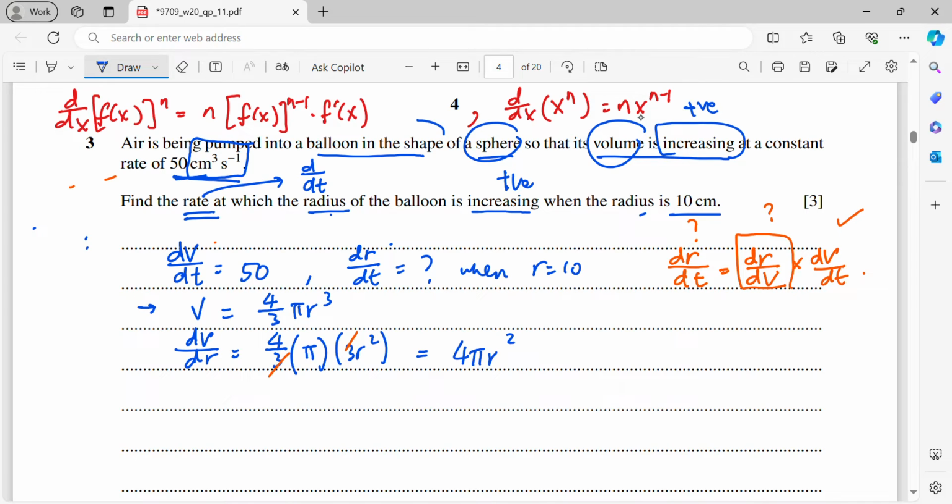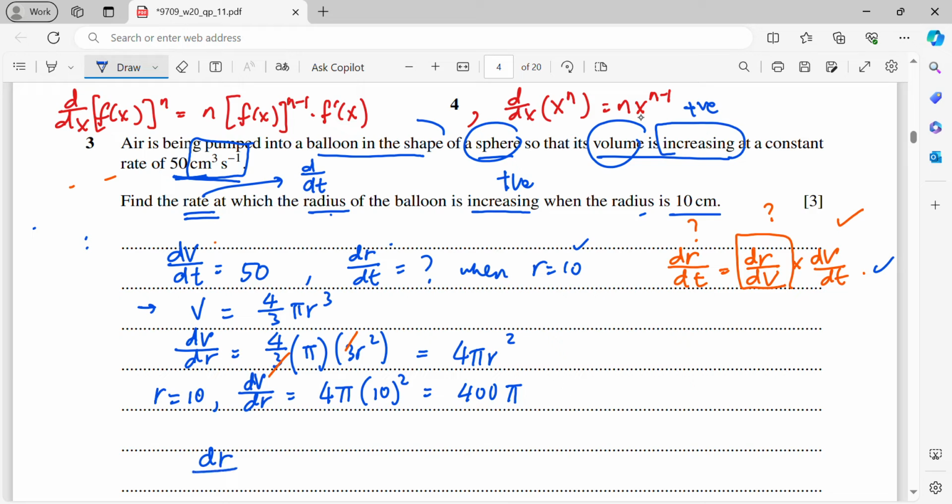Okay, so you can find out first, when r equals 10, what is your dV dr? So I'll write when r equals 10, my dV over dr equals 4 pi times 10 squared. So this is going to be 400 pi. Now, use this formula.